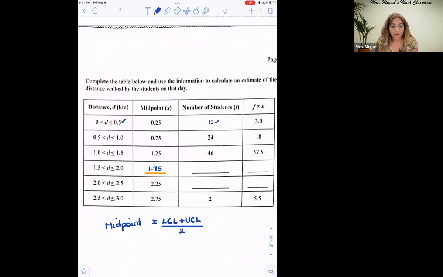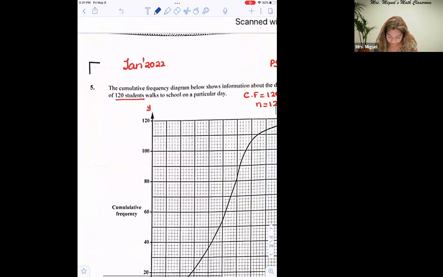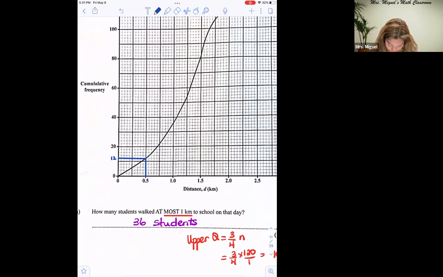The next one is 1.0 and 24. So let's see how they get that. 1.0 goes straight up and we are going across. So this value here is 30, 32, 34, 36.